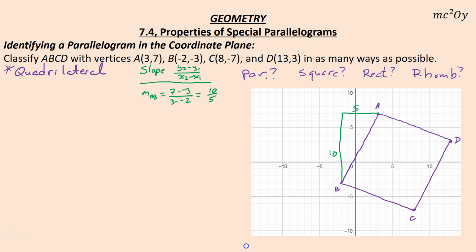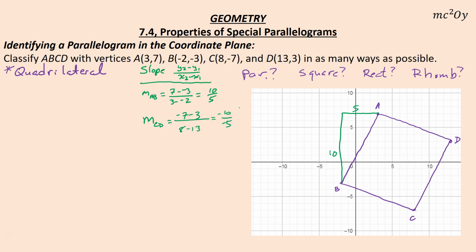Okay? So the slope of CD. Well, CD, I'm going to look at my y values and subtract them. So I have negative 7 minus 3, and I have 8 minus 13, which in this case is negative 10 over negative 5.